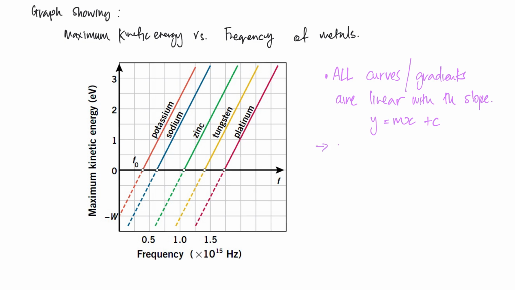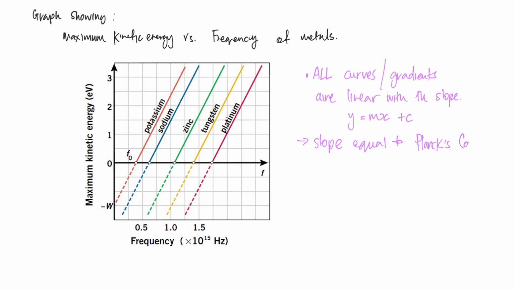On these kind of graphs, the slope is equal to Planck's constant. Let's put that there. Which is h is equal to 6.63 times 10 to the power of negative 34 joule seconds. Right? So that's the one thing that you need to know. You need to know what your slope represents on a kinetic energy versus frequency graph.